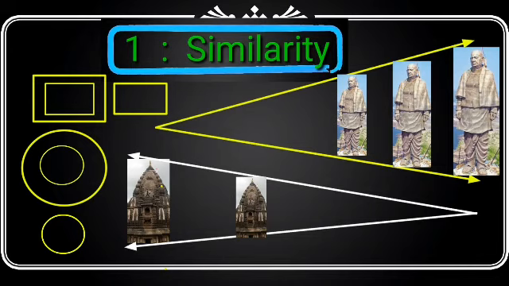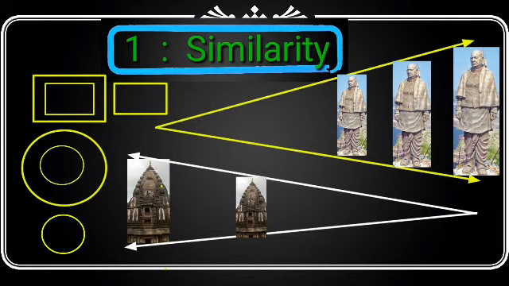In this photograph, there are three photos of the Unity statue, with the same shape but not the same size, and hence these are not congruent but they are similar to each other. We would at once say that they are photographs of the same statue but in different sizes.